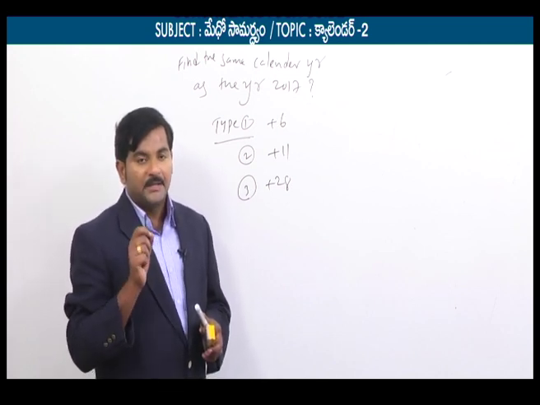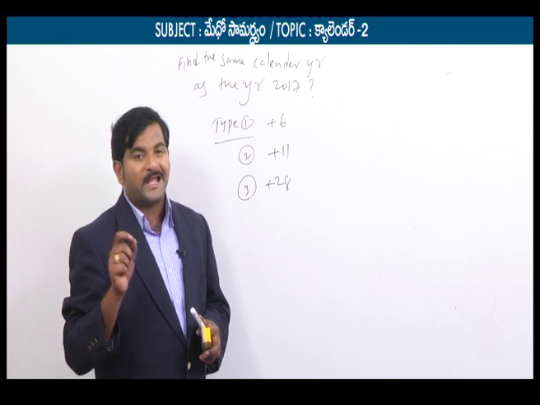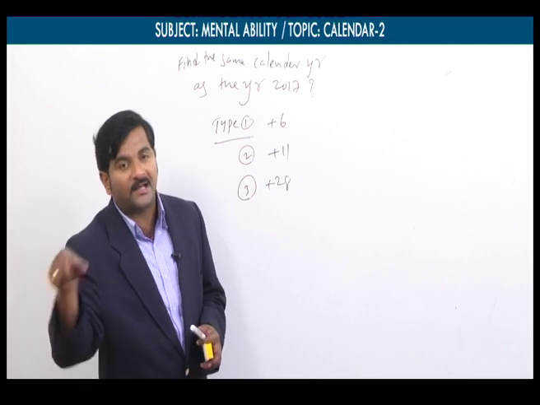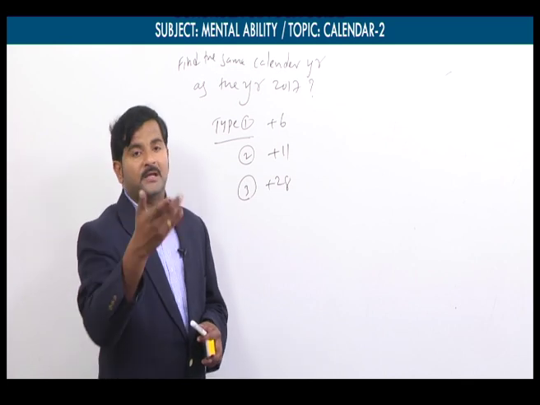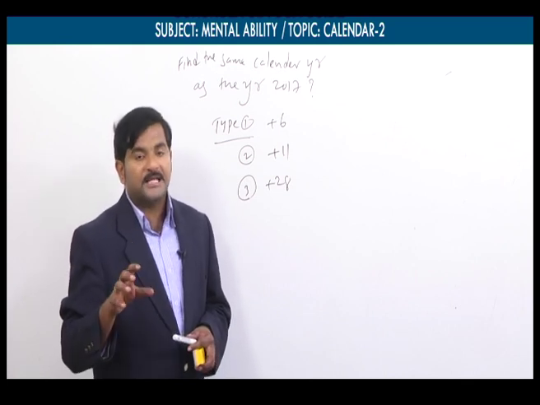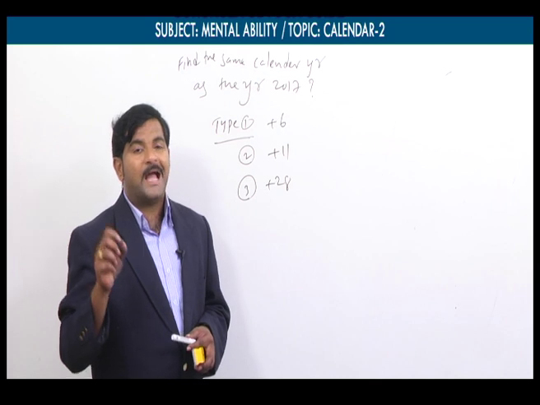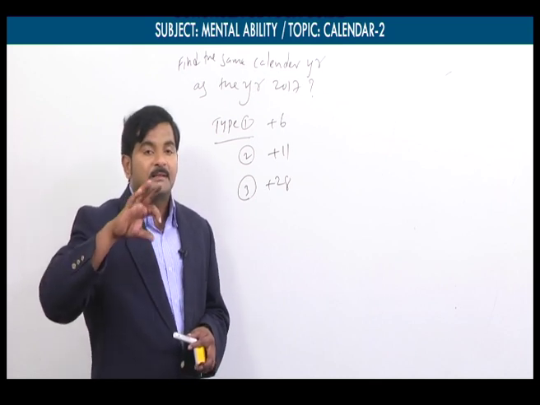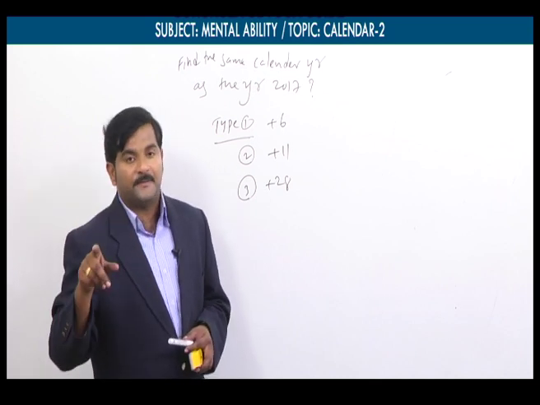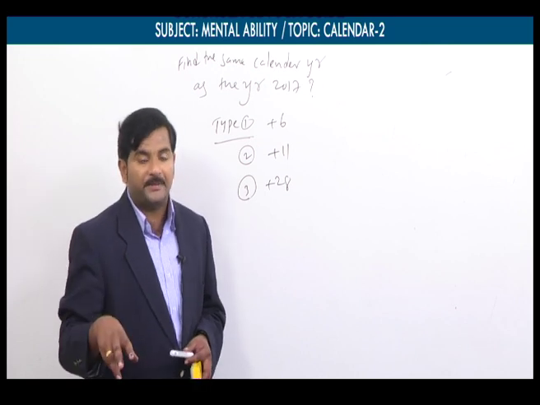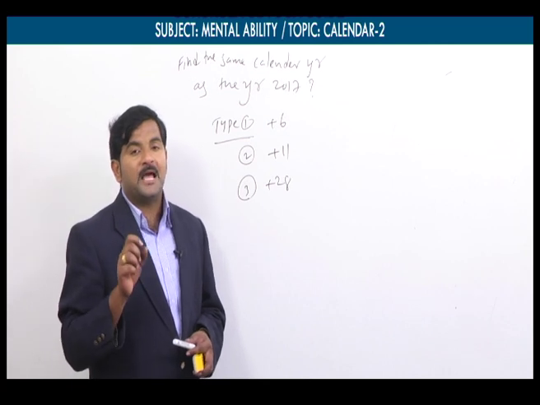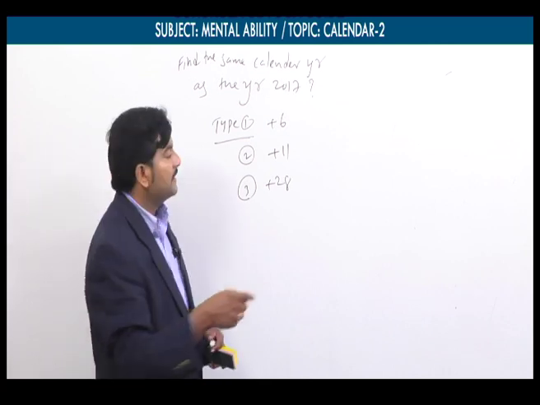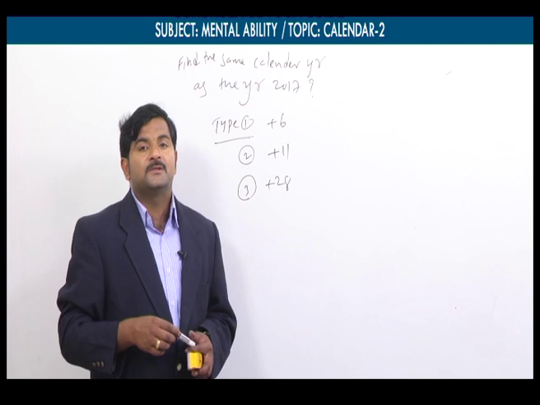To get the same calendar year as the year which is after leap year, simply what we will do? We will add +6 to the given year. To get the same calendar year as the year which is second and third years after the leap year, simply we will add +11. To get the same calendar year as the leap year, simply we need to add +28.